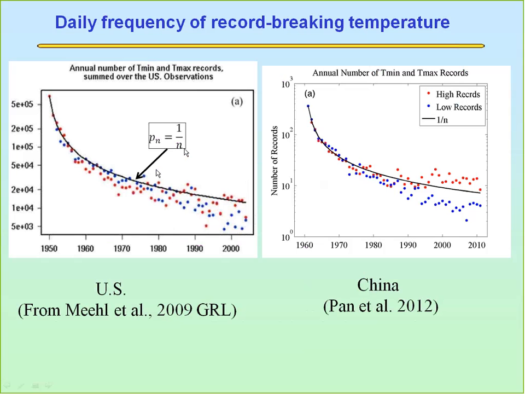The black curve is 1/n, the red ones are the maximum records, and the blue ones are the lower, minimum records. Your maximum records are more frequent than stationary, and the blue, the minimum records, are quite a bit lower than the statistical or theoretical value.